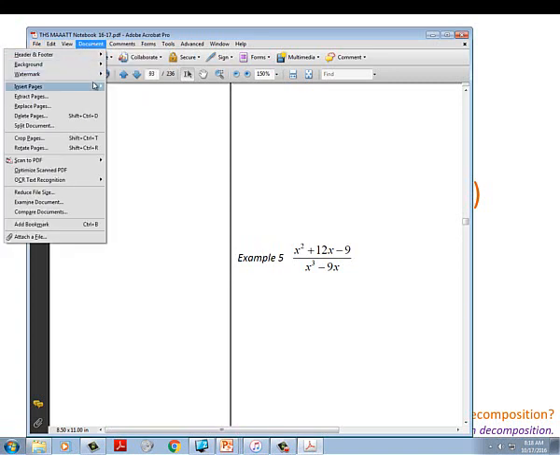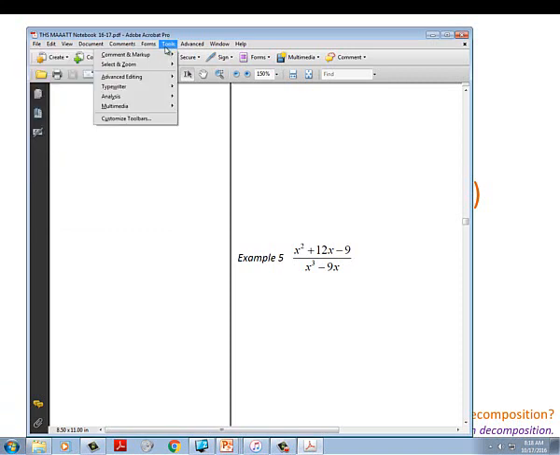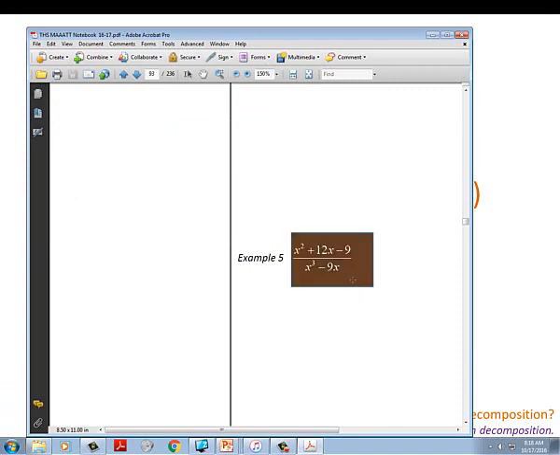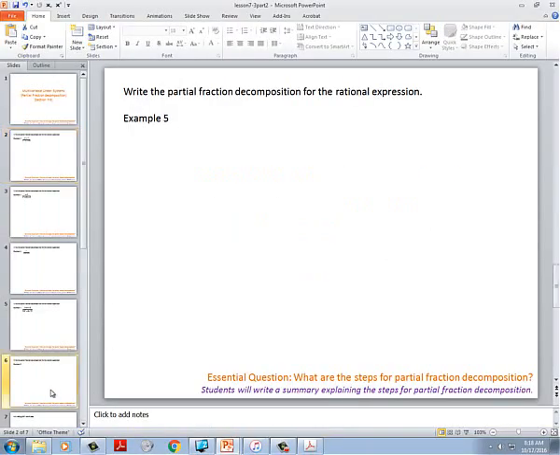Document. There. Tools. Select and zoom. Snapshot. Okay. Escape. There we go. Okay. Now we're there.